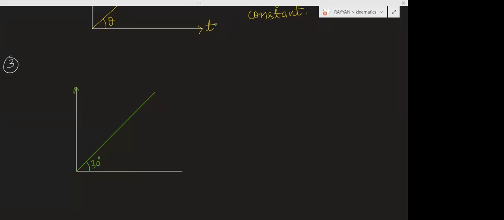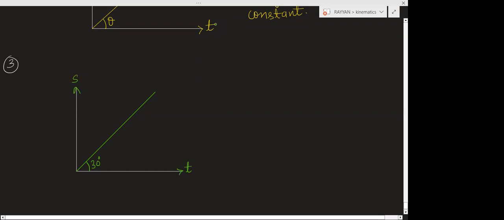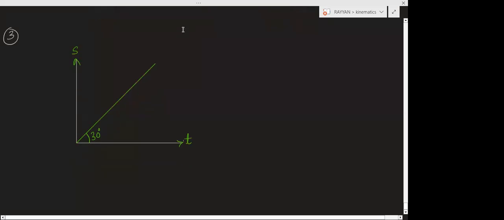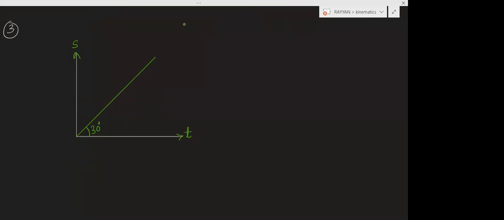Okay, and this is the displacement time graph. So for this graph, what we can say? First, we will calculate the slope. Slope of this graph is equal to tan theta. And what is theta? Theta is 30 degree. So we will put tan 30 degree. And tan 30 degree is 1 by root 3. So this 1 by root 3 thing is constant. So slope is constant.